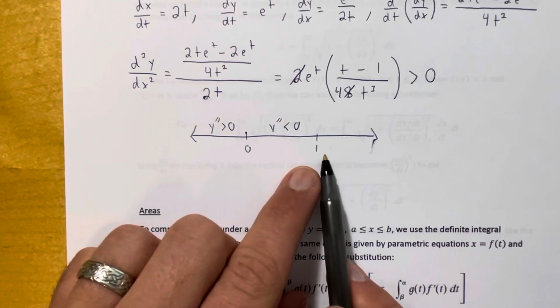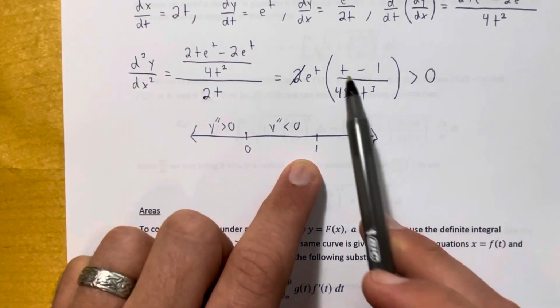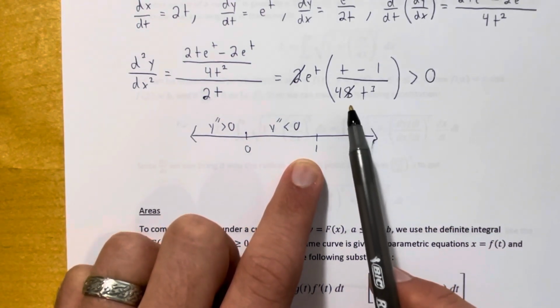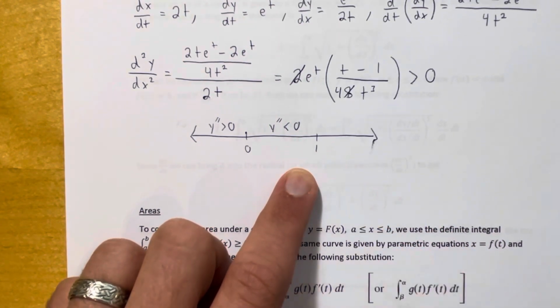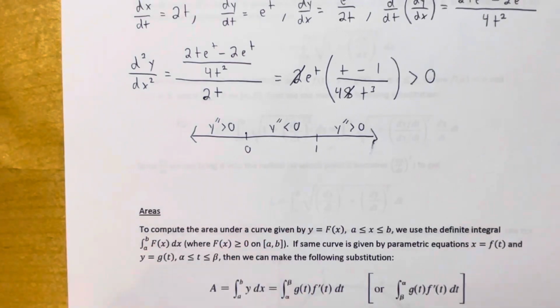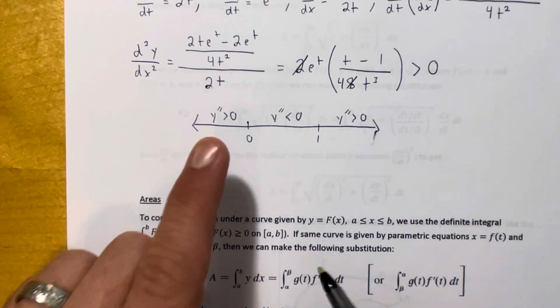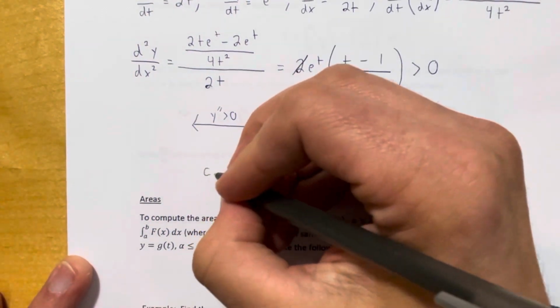Now pick a number greater than 1. Let's pick something ridiculous, like a billion. A billion minus 1, clearly positive. A billion cubed, clearly positive. Positive over positive is positive, times positive, still positive. y double prime is positive there. Since we want the intervals on which our function is concave up, I would find anywhere my second derivative came out positive and identify those.